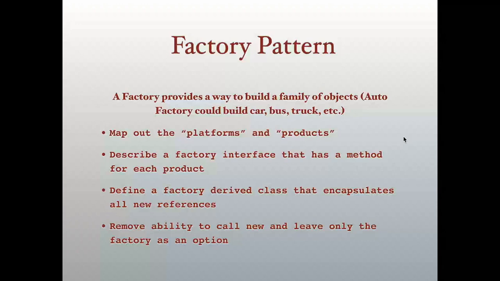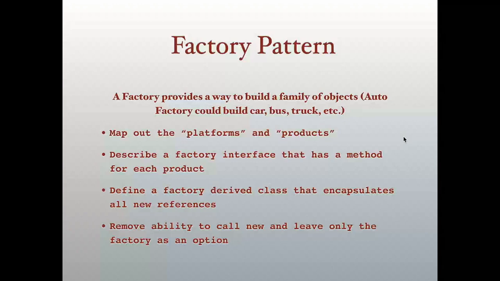The interface would be something simple like build or deploy. Then underneath the covers, you're going to have a method for each of the products, so you could do build car or build bus or build truck. And then you're going to have a method that builds out that class and kicks it out as a result.